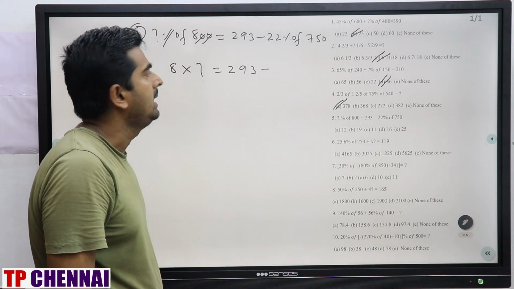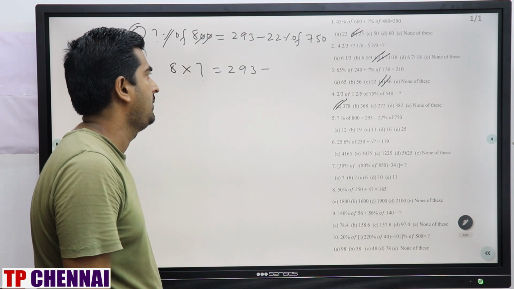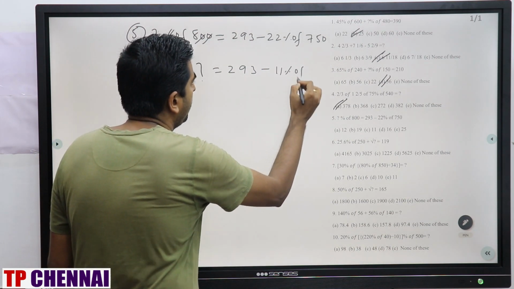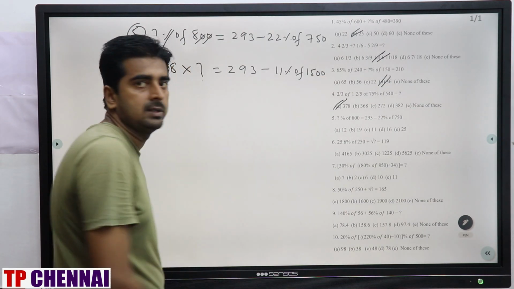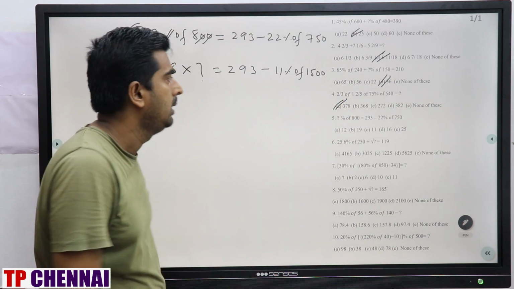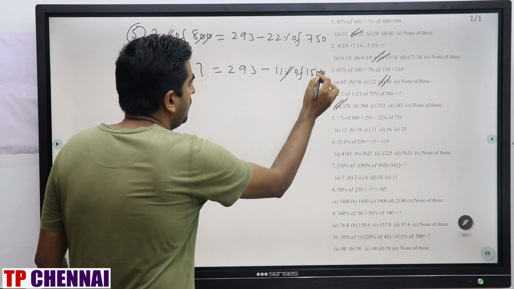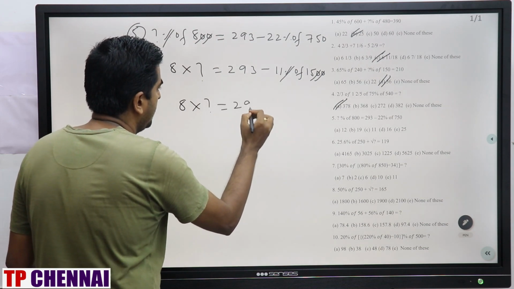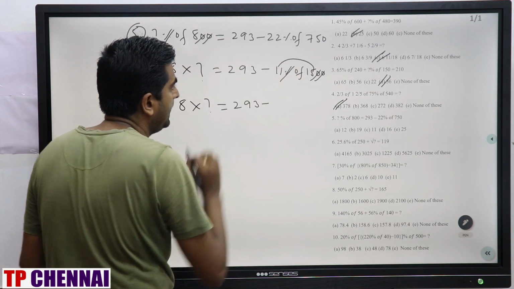Right? So here 22% of 750, I can write this as 11% of 1500. Same logic, I just divide this 22 by 2 and I multiply 750 into 2. So percent and double zero will go out. So this will become 8 into question mark is equal to 293 minus, what is 15 into 11?